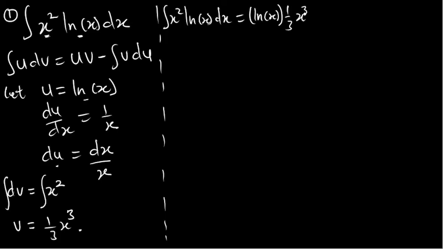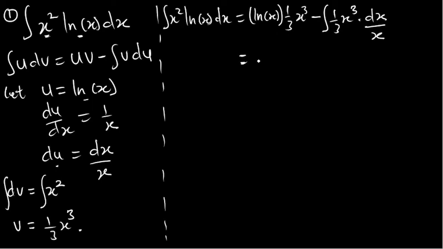So this is our uv, minus the integral of v du. For v, we have 1 over 3 x cubed. Then the du, we have dx over x. So that's the v du.